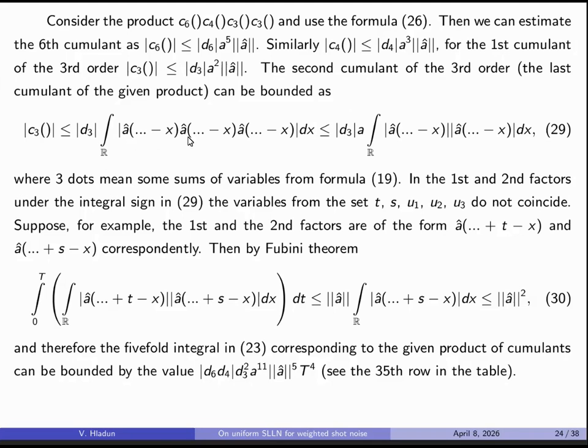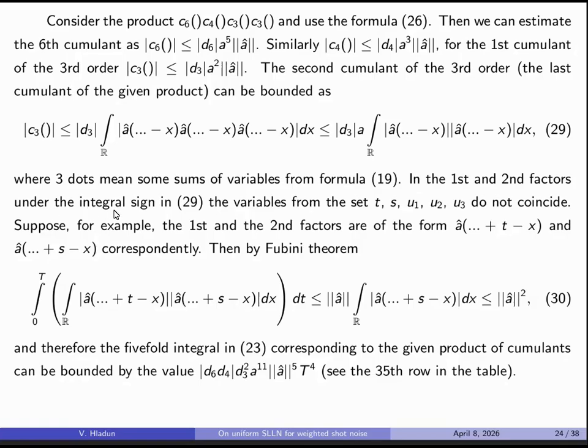So here, firstly, under the integral sign we had a product of three functions A hat, where three dots mean some sums of variables from formula 19. For example, the first function can be bounded by A, that is the supremum of the absolute value of this function.